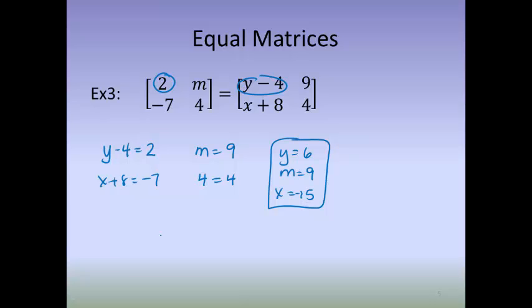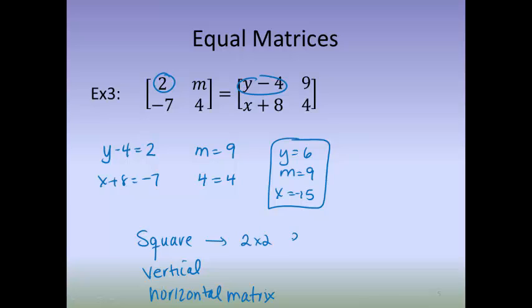The last thing I want to share is something called a square matrix, a vertical matrix, or a horizontal matrix. A square matrix is going to be one that is 2 by 2 or 3 by 3, where there are the same number of rows and columns, making it a square.